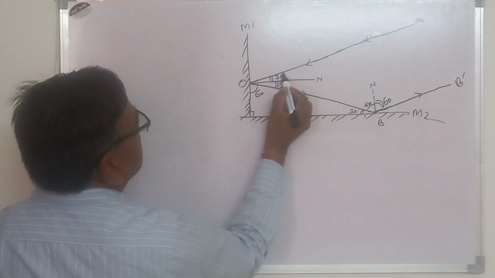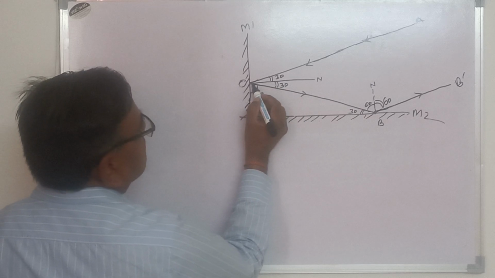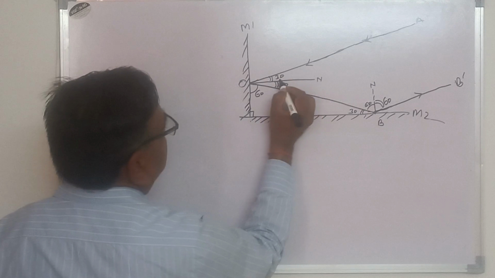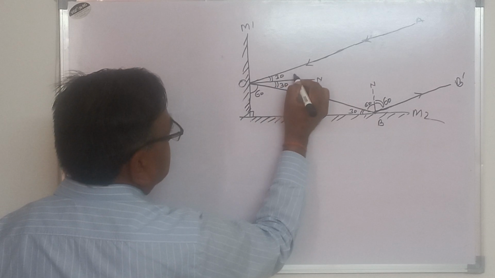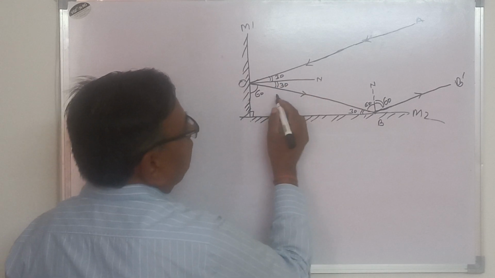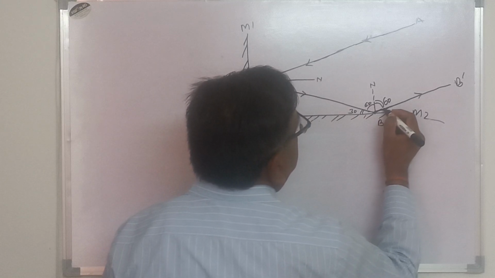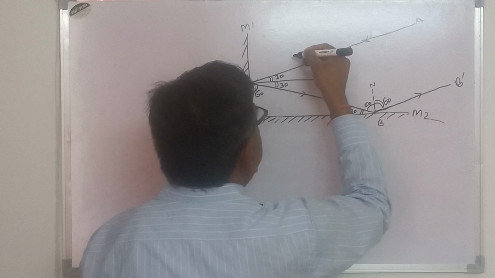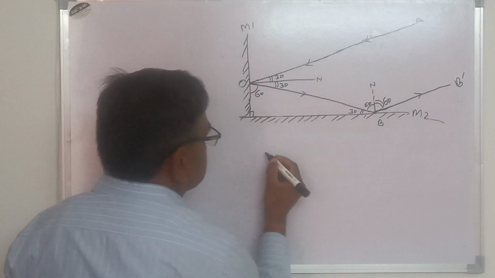This ray coming here turned this side by an angle of 60 degree. From here 60 came, then here it came, then how much did it turn? 60. This ray turns left side.